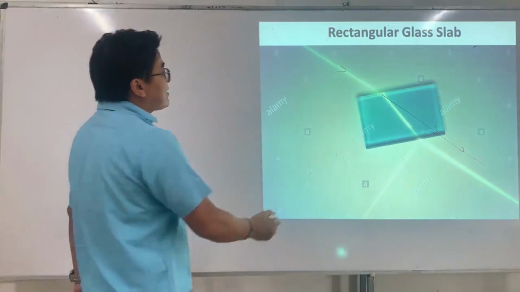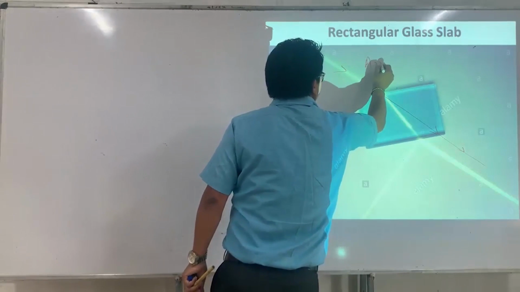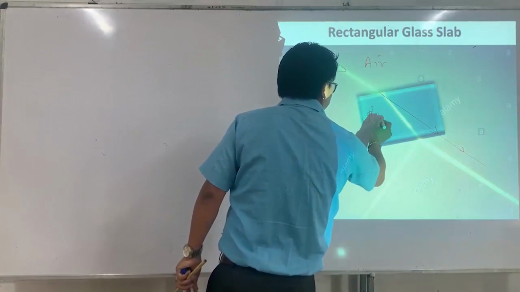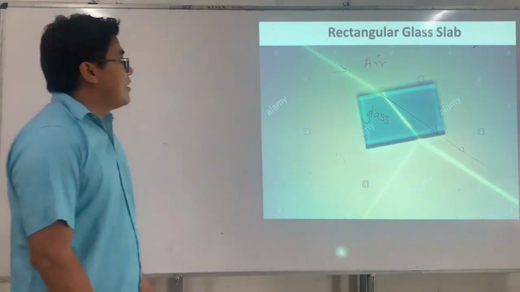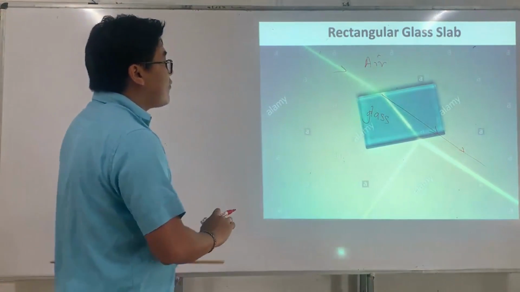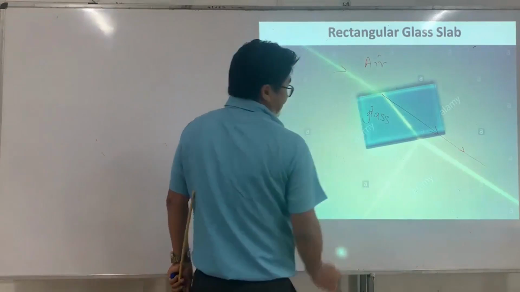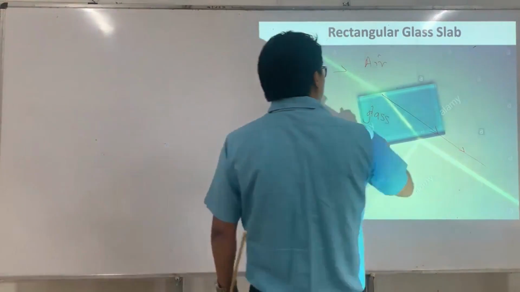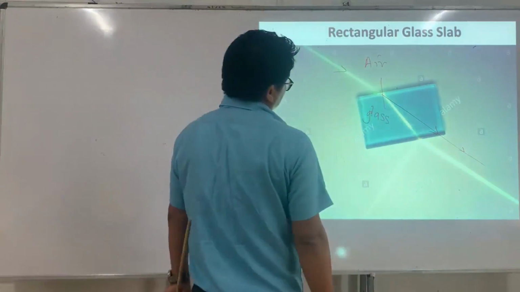However, since this is an air medium and this is a glass medium, the refractive indices are different. Therefore, light undergoes bending. And we have to draw a normal line.